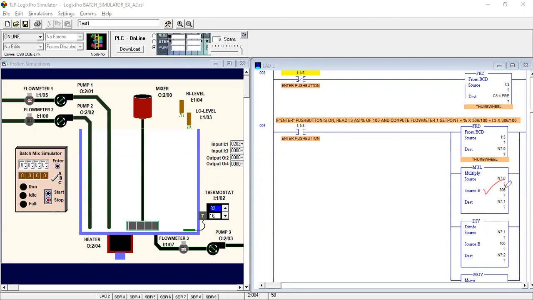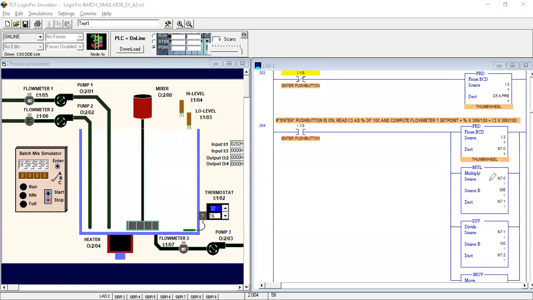And here we also put the 306 value, so it is the multiply of the two sources A and B, and it will show 306 in the destination value. So this is our multiply instruction. This destination value shows the result of source A times source B.